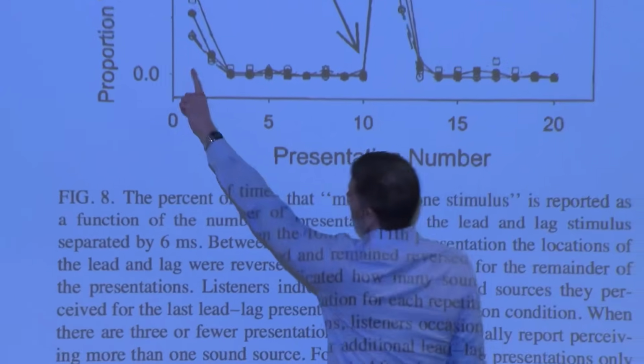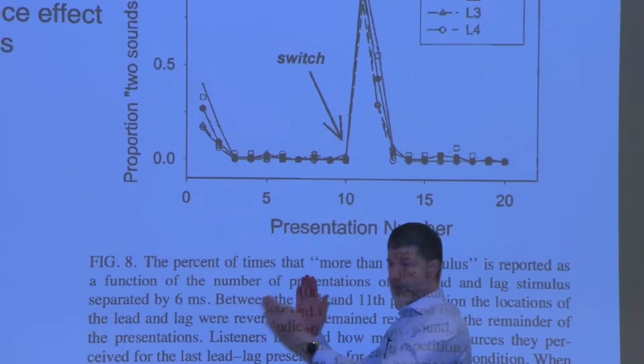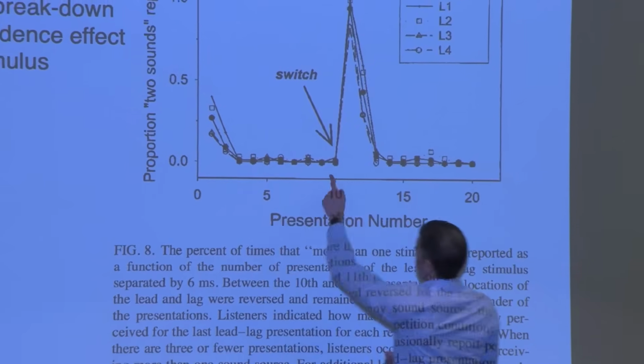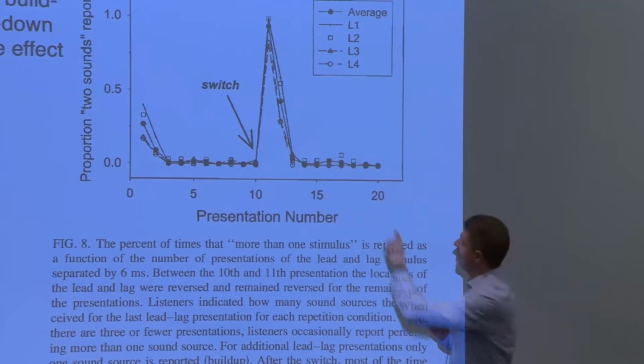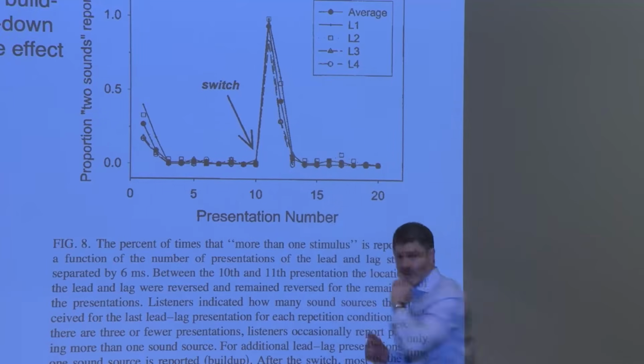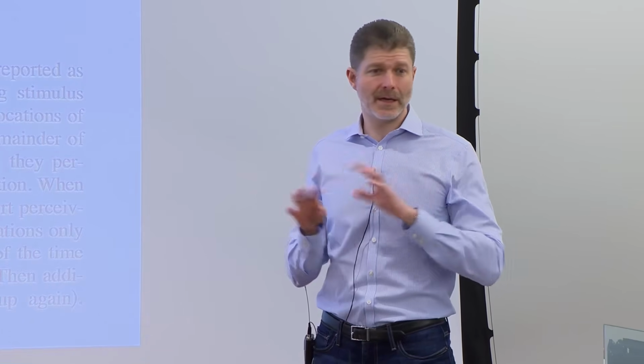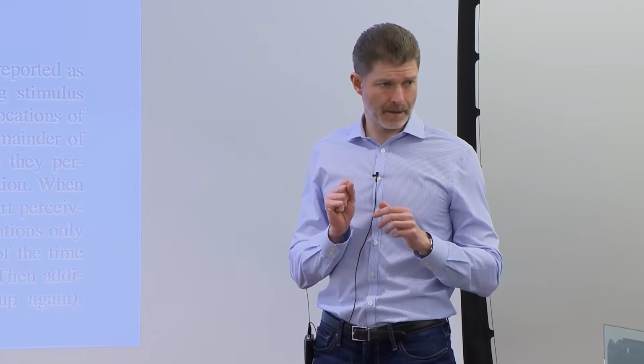Initially there's this particular arrangement of lead and lag, and then it switches here, and you shoot up to hearing both sounds, and then it builds up again over the course of a few trials. The naive interpretation of this is that it's an adaptation that helps us localize sounds correctly in environments that have reflections.